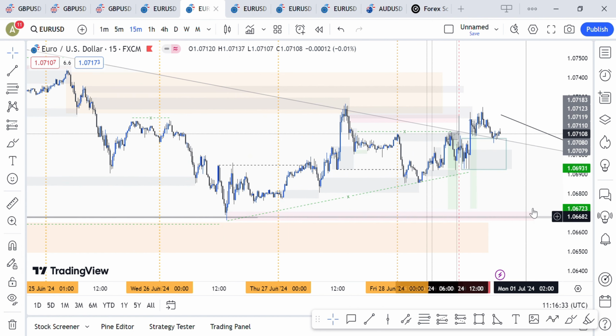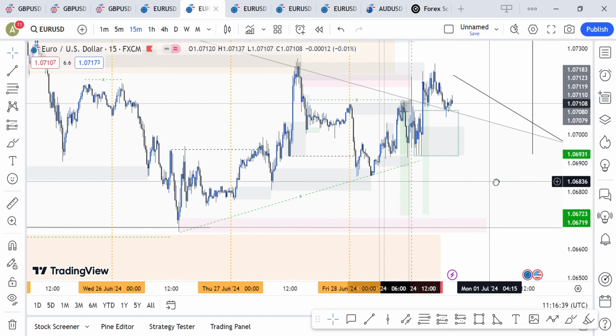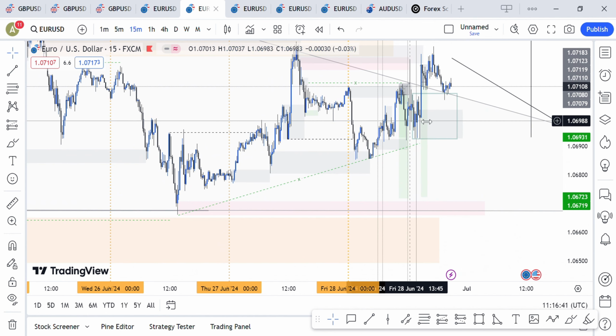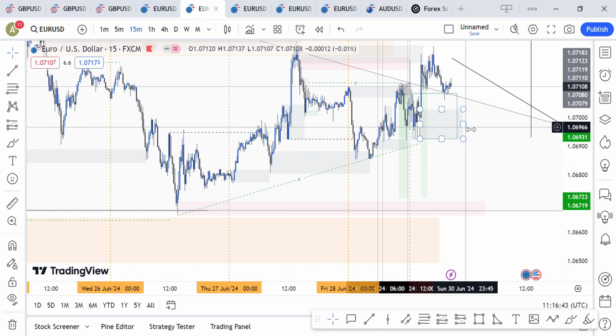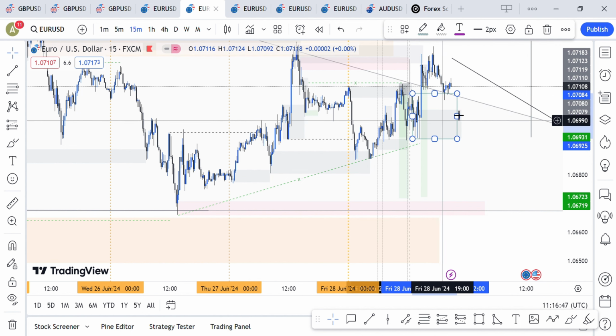So like I was saying, I'll be looking for buy opportunities right here on the EURUSD. Although I think there could also be some buy pressure from this 15-minute POI, and I'll have to remove this 1 hour POI right here. Excuse me.